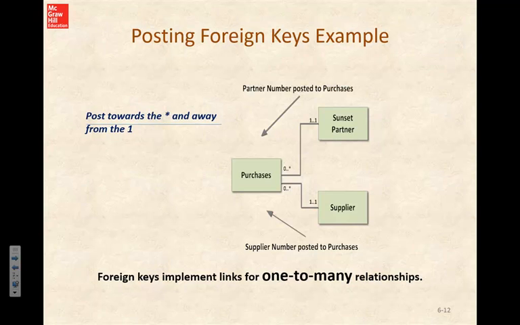In this case, the partner number from this table is going to be the foreign key in the purchases. Same with the supplier number, which is the primary key in the supplier table, will be the foreign key in the purchase table.